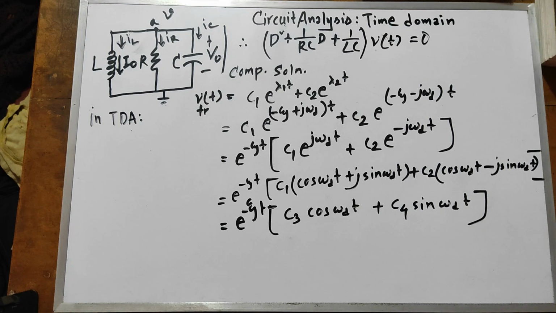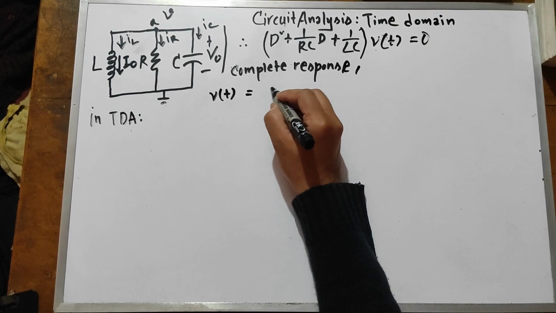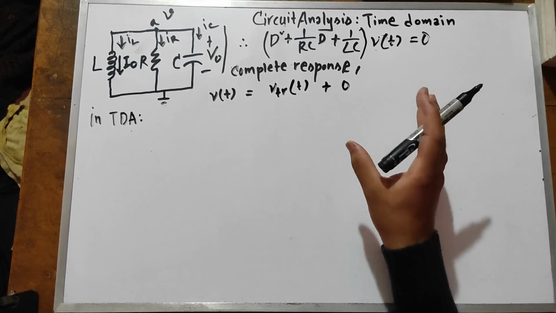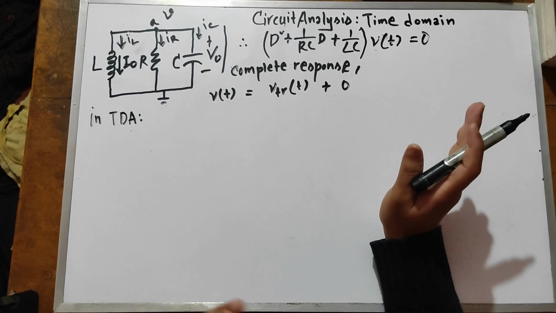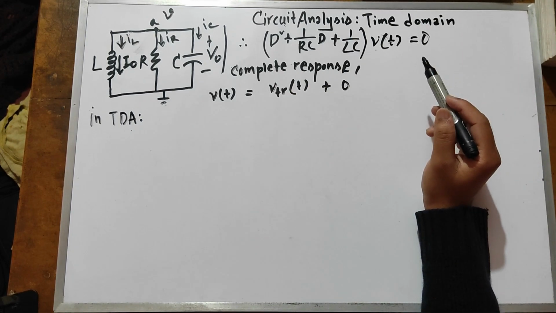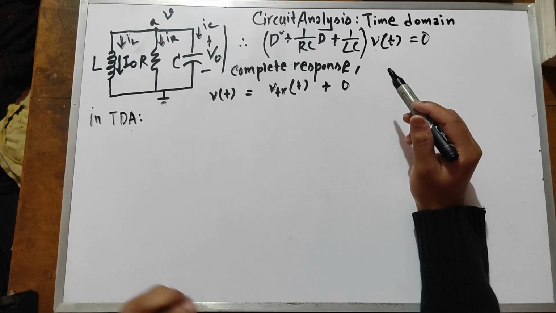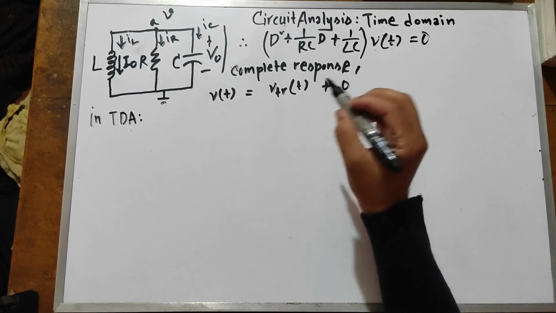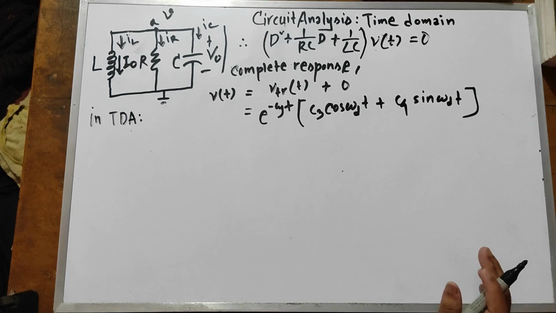So the complete response is v(t) equals v_tr plus 0. Remember, this is a source-free system with no input, so there is no particular integral for this differential equation, and as a result this system has no steady state response; it only has the transient response. So this is the circuit response.